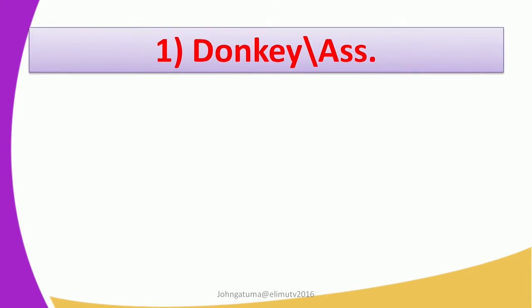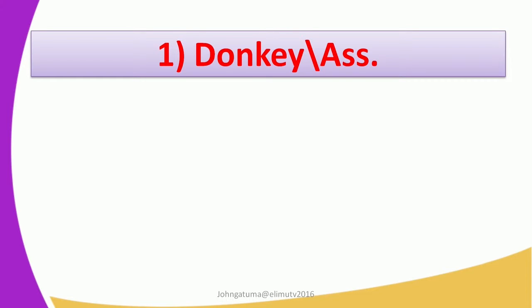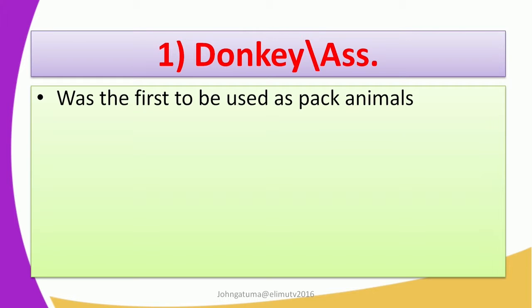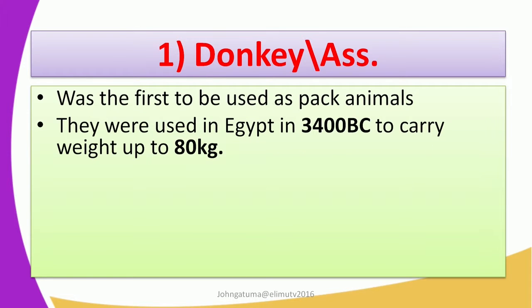Let us look at examples of these pack animals. A good example is, one, the donkey or the ass. The donkey was the first to be used as a pack animal.